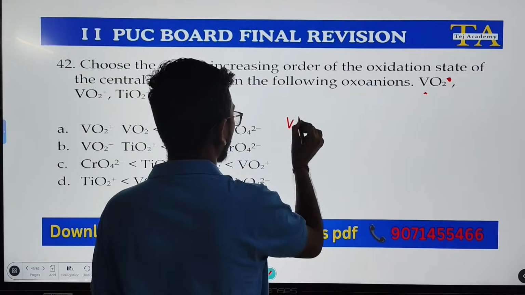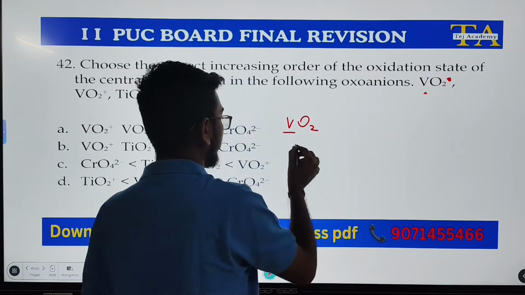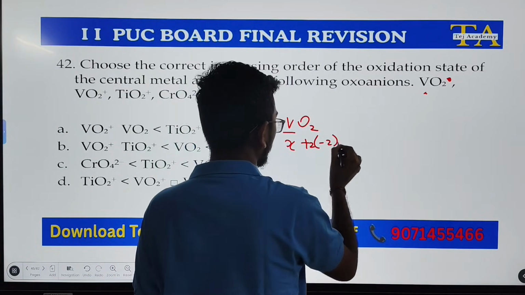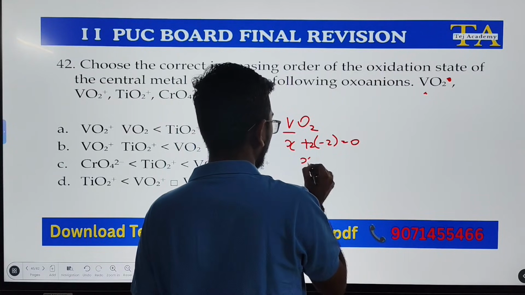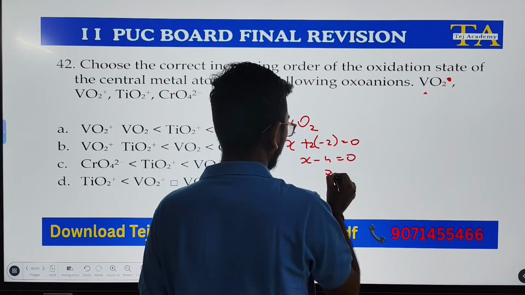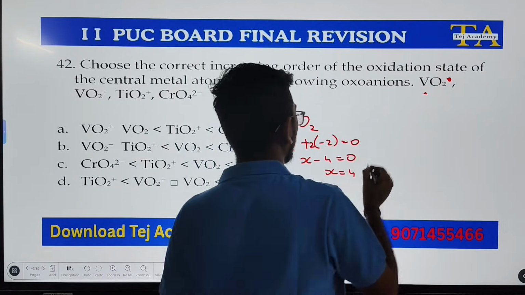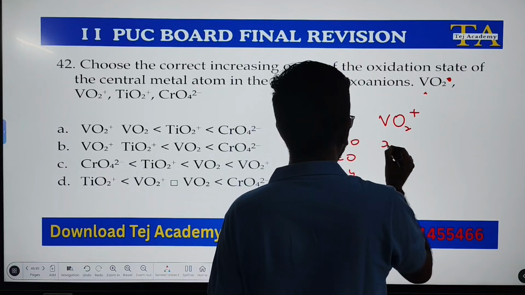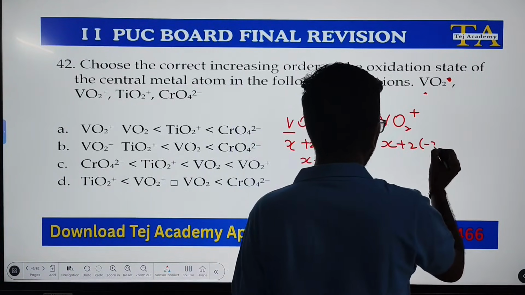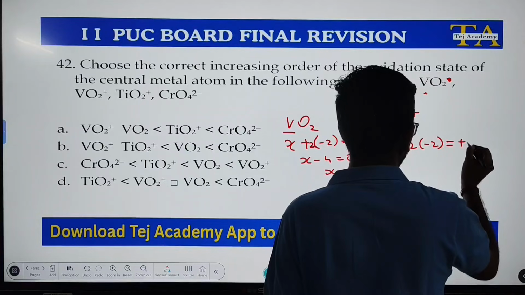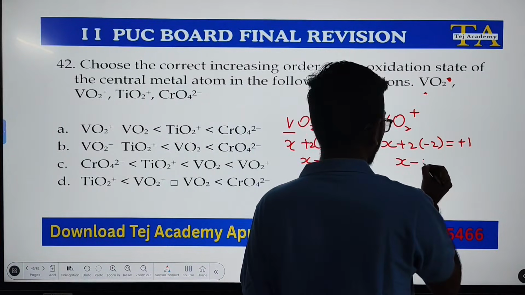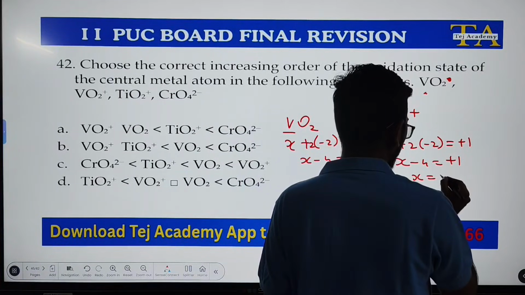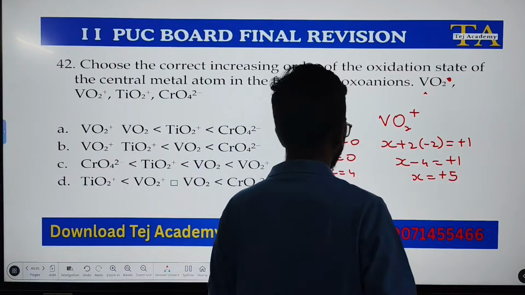First we'll calculate for vanadium oxide, for vanadium: X plus 2 into minus 2 equals 0, then X minus 4 equals 0, X equals 4. For VO2 plus: X plus 2 into minus 2 equals plus 1, then X minus 4 equals plus 1, then X equals plus 5.